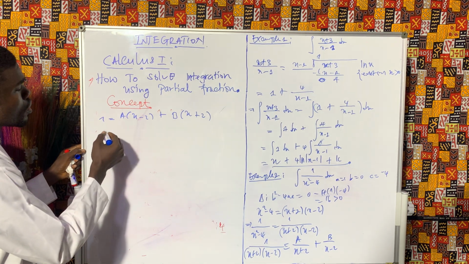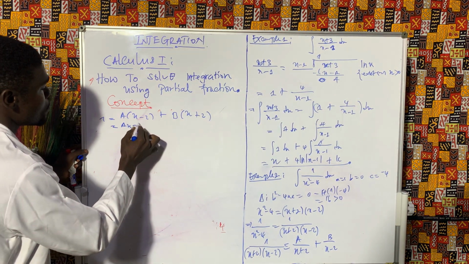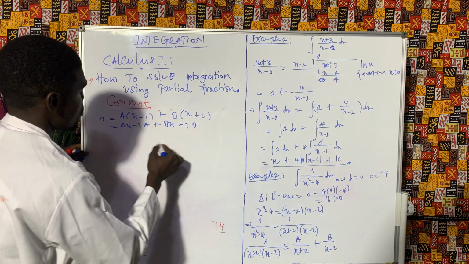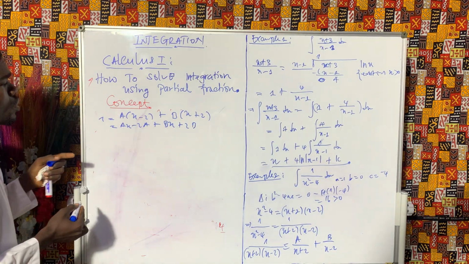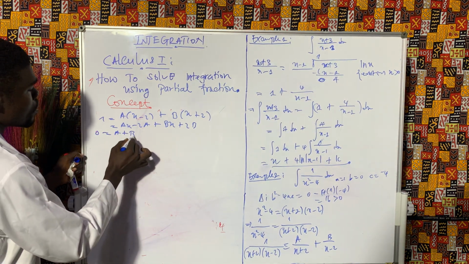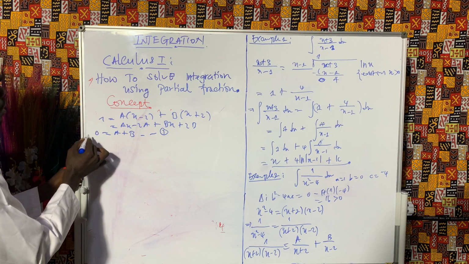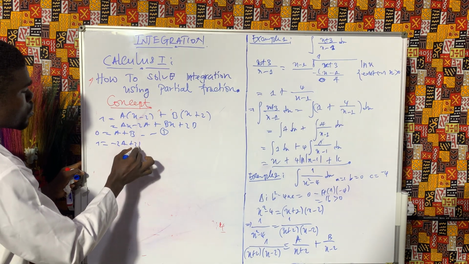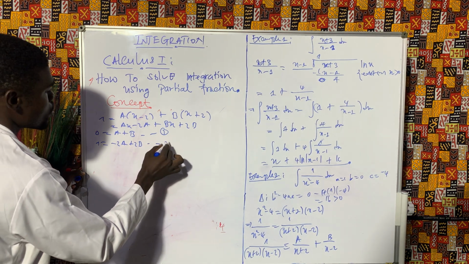So we can expand: Ax minus 2A, Bx plus 2B. If you want to compare the coefficients to solve for A and B, the coefficient of x equals A plus B, you can call this equation 1. Then the constant term, 1 equals negative 2A plus 2B, equation 2.